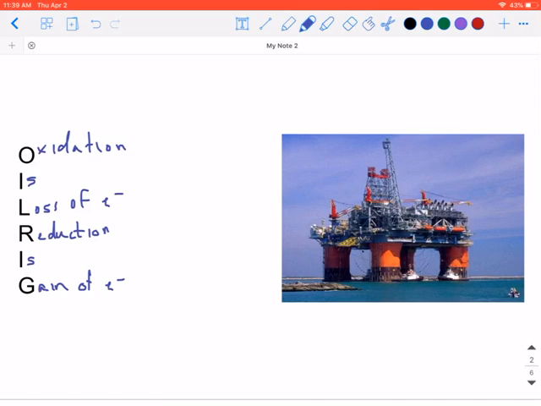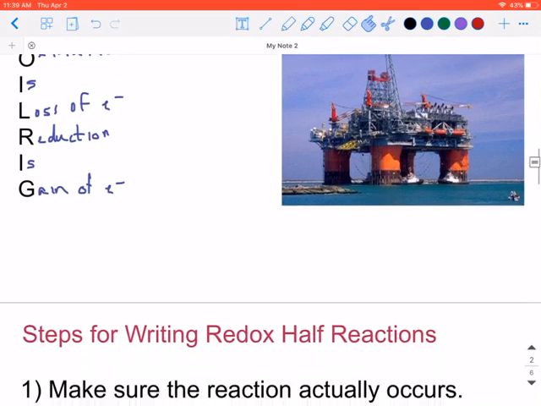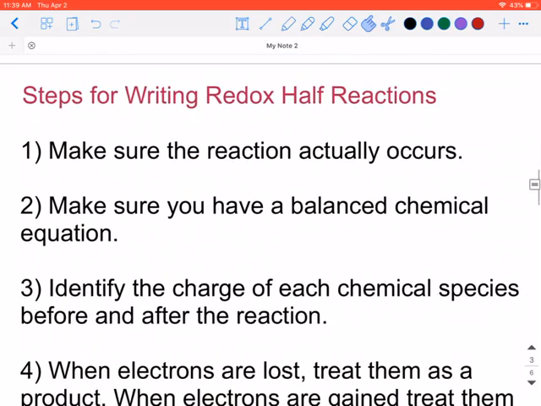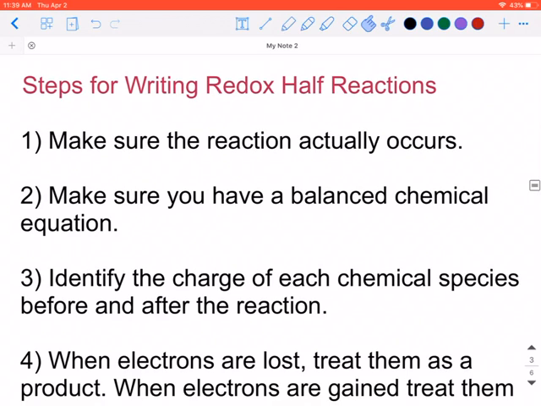So there are a couple steps that I want you to keep in mind before we start writing these half reactions. Step 1, you always want to make sure that the reaction actually occurs. We talked about this in the last video. Since redox reactions are just single replacement reactions, we use the activity series to determine if the reaction occurs.